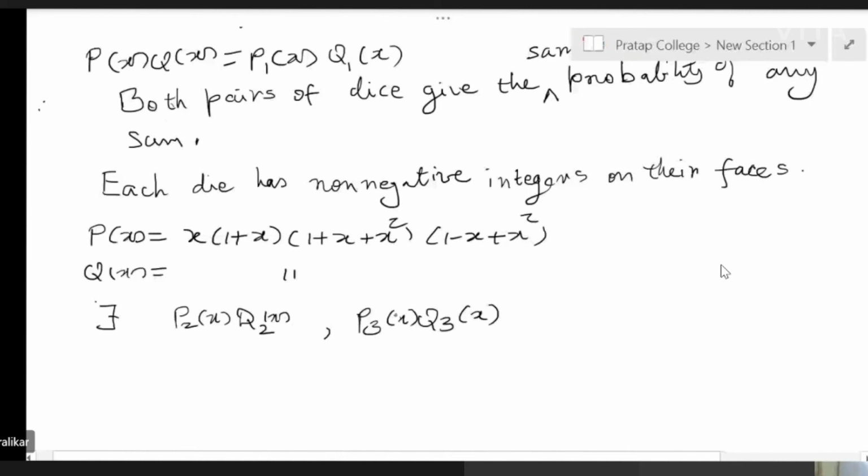You can find two more pairs of polynomials which give the same product, and therefore the same integers as sums with same frequency. Okay, I hope you will try this. It's not difficult. What I think is a 12th standard student should be able to attain this.